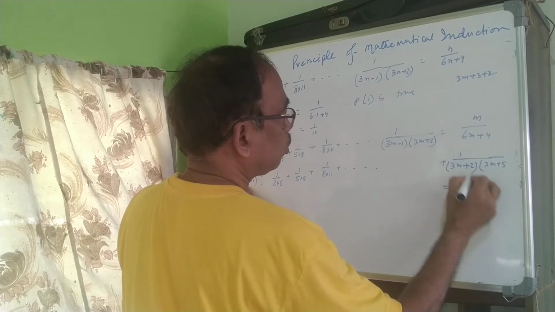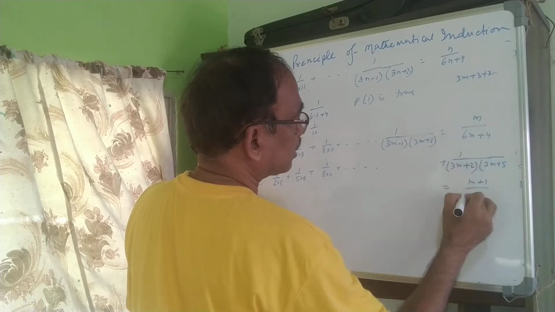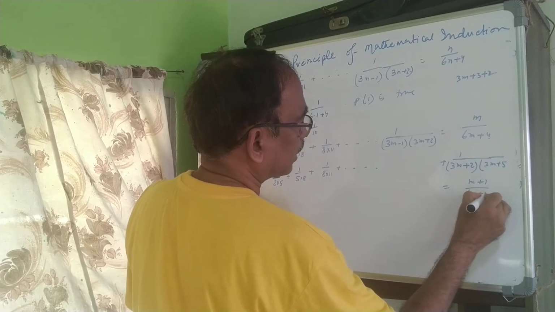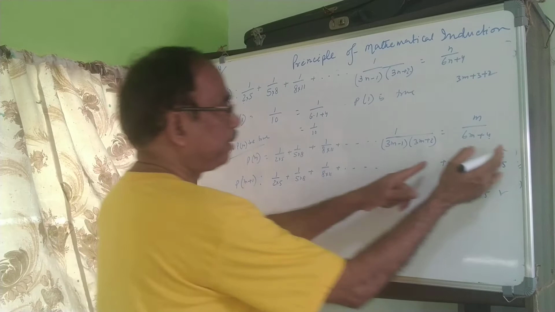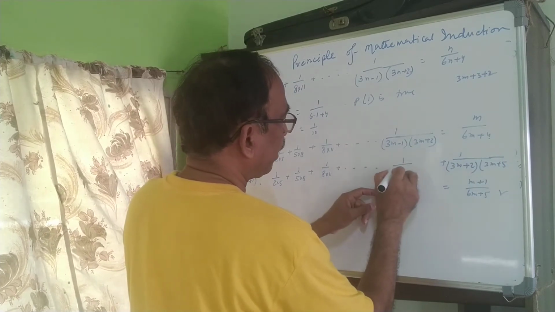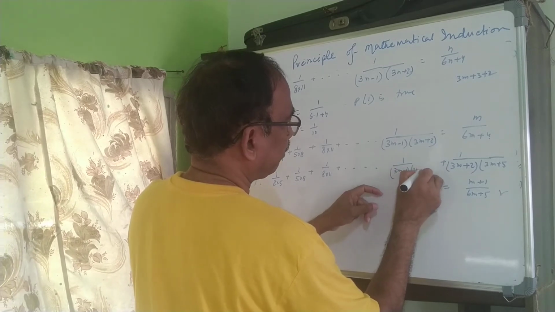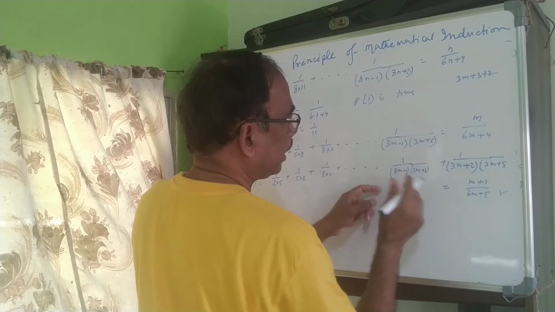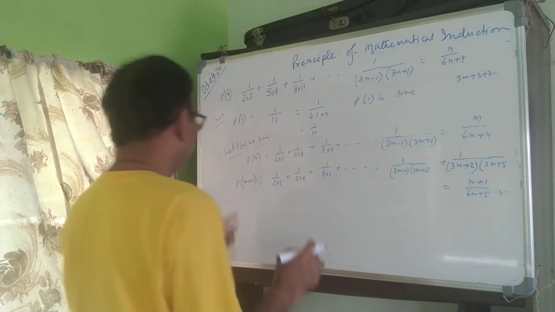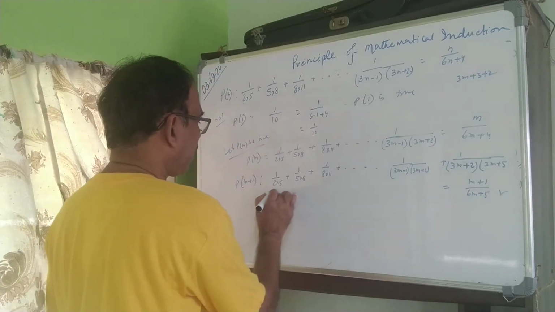This equals m plus 1 by 6m plus 5. This is the last term. Its previous term will be 1 by 3m minus 1 into 3m plus 2, and underline its value.